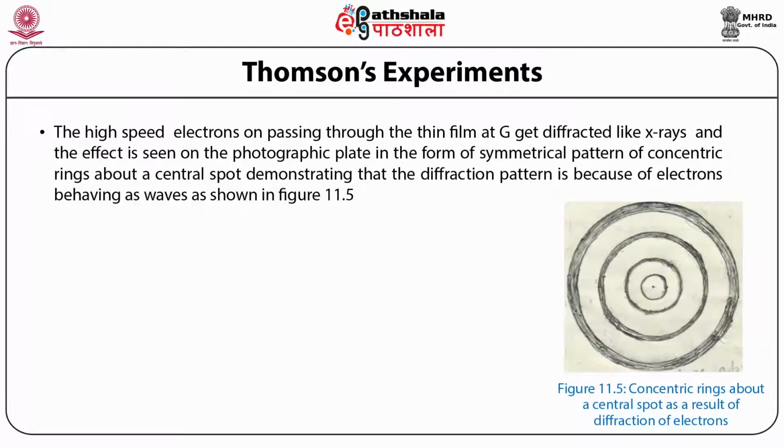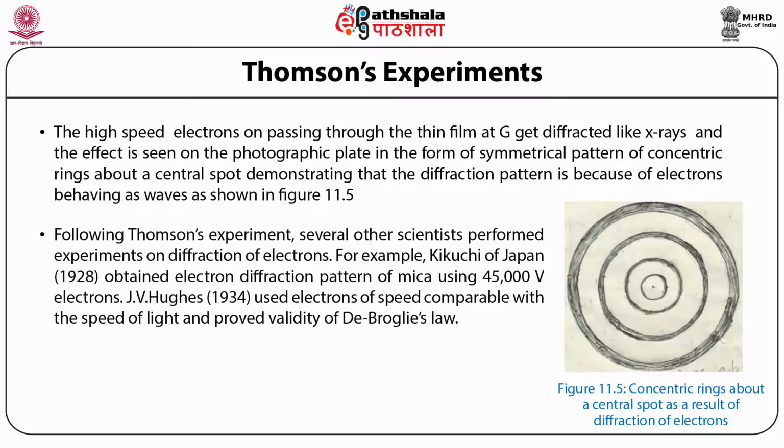Figure 11.5 shows concentric rings about a central spot as a result of diffraction of electrons. Following Thomson's experiment, several other scientists performed experiments on diffraction of electrons. For example, Kikuchi of Japan in 1928 obtained the electron diffraction pattern of mica using 45,000 volt electrons.